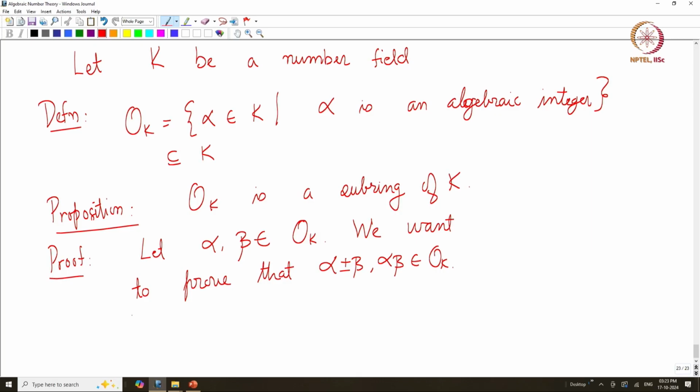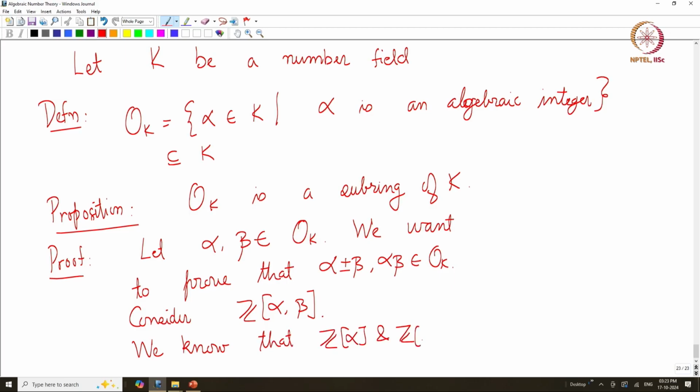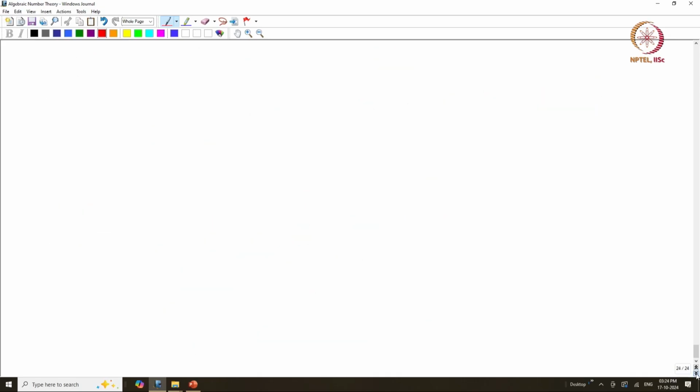Okay. So, how do we do this? Well, we consider Z[alpha, beta], and we will show that this is a finitely generated Z-module. So, we know that Z[alpha] and Z[beta] are finitely generated Z-modules.